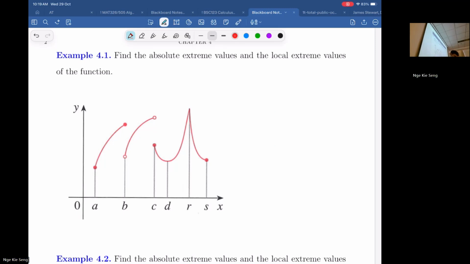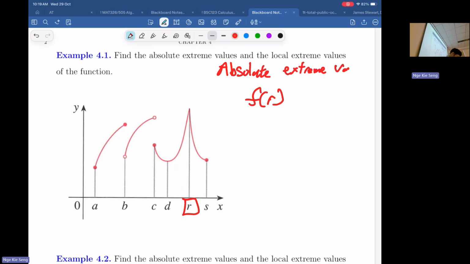Which one? R. It's not R, it's f(R), right? We want to look for the values. For absolute extreme values, you need to apply f to R, because R is just some number on the x-axis, it's not meaningful. But f(R) is a value.